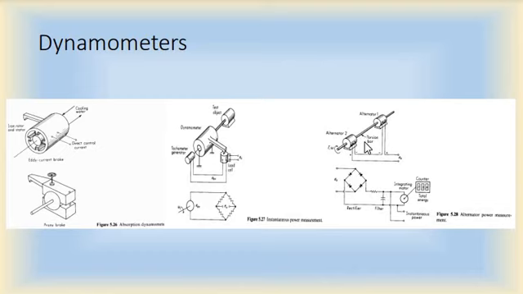It has permanent magnet AC generators, that is, alternators. Here is alternator 1 and this is alternator 2. So this torsion bar is carrying AC generators on either side of it, and these two generators are coupled to each other by this torsion bar.